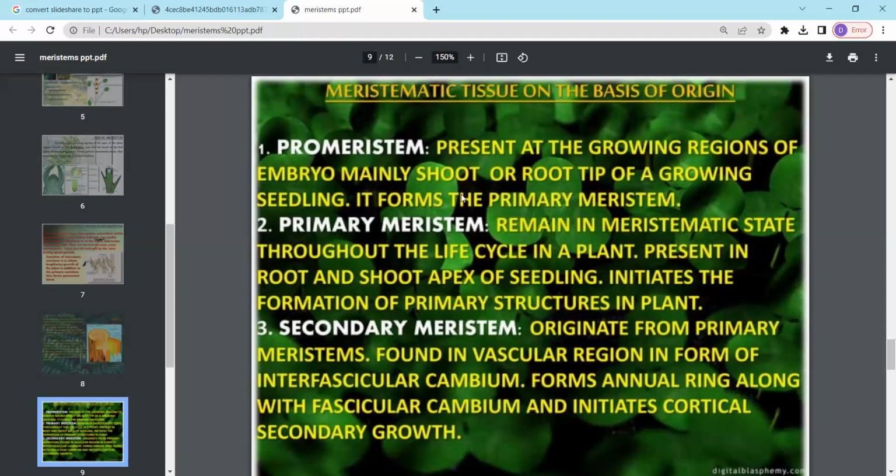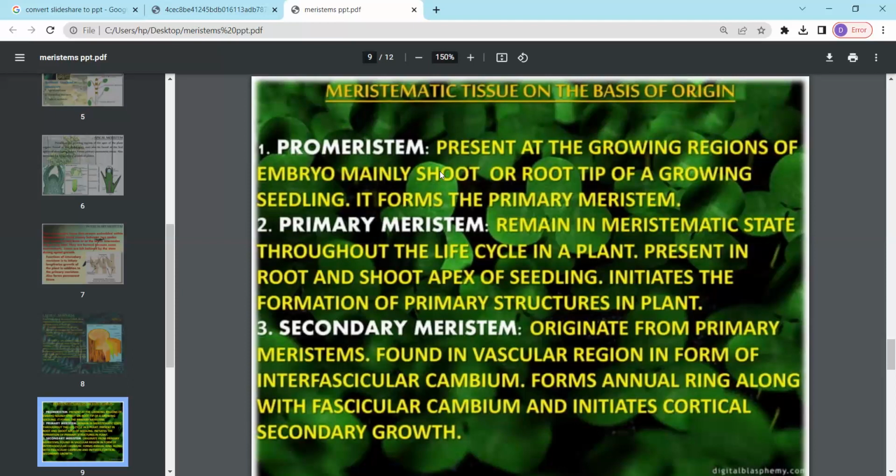The embryo develops into all parts of the organism. The promeristem is present at the growing regions of the embryo, mainly at the shoot or root tip of the growing seedling, and it forms the primary meristem. So promeristem means the meristem present in the embryo at the seedling stage. So it is called promeristem.